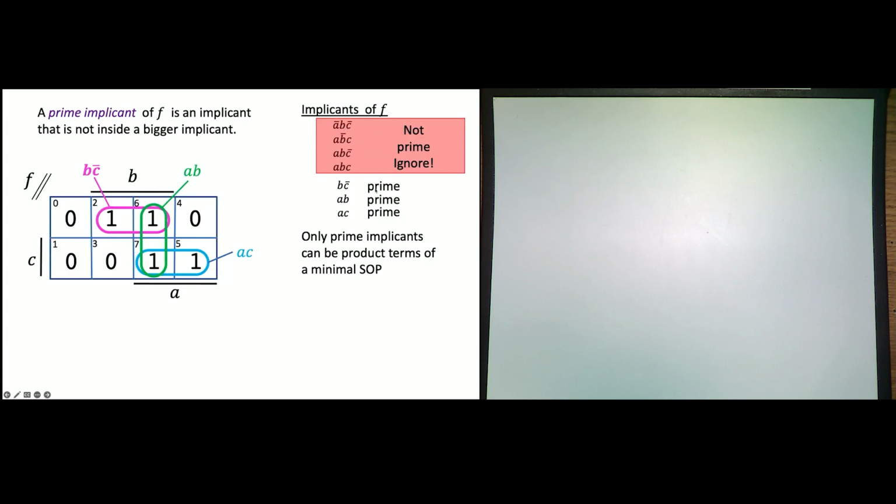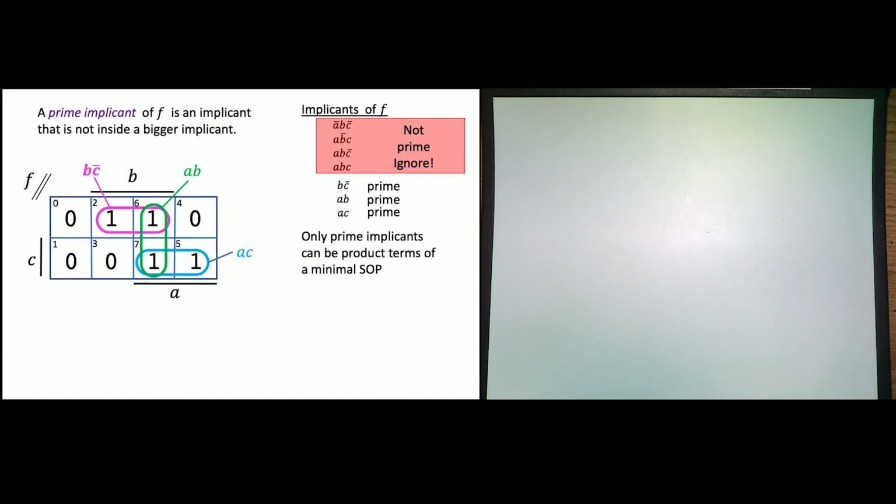We just need the prime ones because our minimal sum of products will never use an implicant that's not prime. And the reason is that the product term of an implicant that's not prime will have more literals than the one it's contained in.